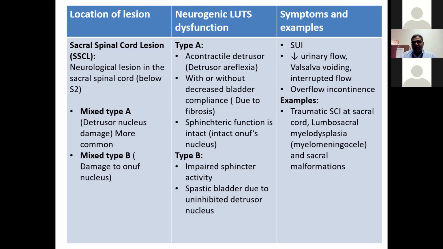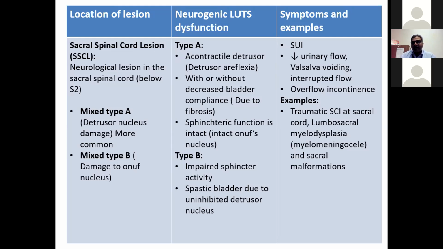In mixed type B, which is less common as compared to mixed type A, the Onuf nucleus is disturbed, so there will be impaired sphincteric activity. However, because of the uninhibited detrusor nucleus, the bladder will be spastic.